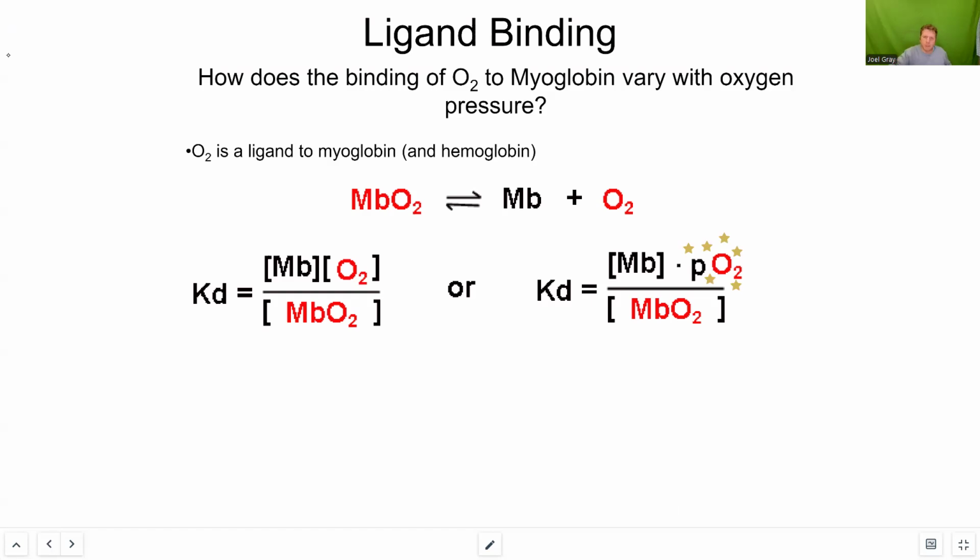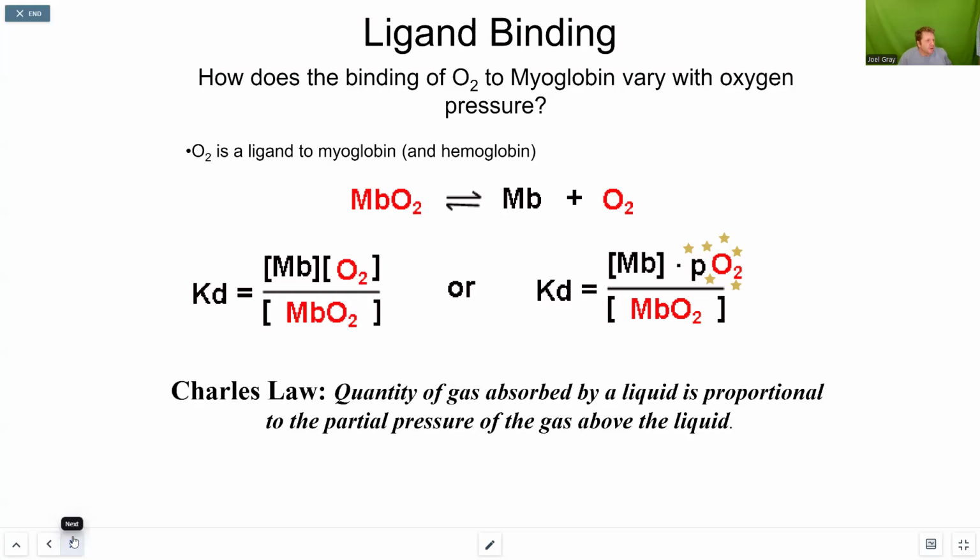Now, when we talk about multiple gases, if you remember from Gen Chem 1, you talk about gas ratios and your mole fraction. Here, what we've got is P sub O2, or PO2. Since it's nearly Halloween, we can use Chucky's law, or Charles's law.